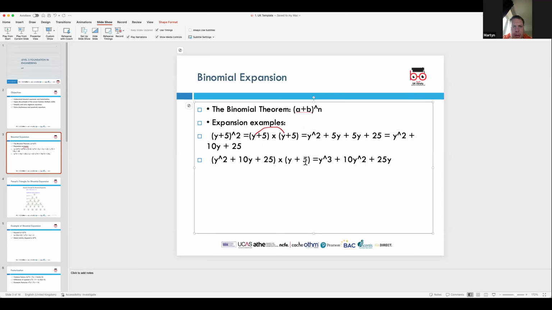So now we need to do 5 times y squared. What would that be? Wouldn't it be 5y squared? Absolutely, it is, because it's just 5 of y squareds, right?